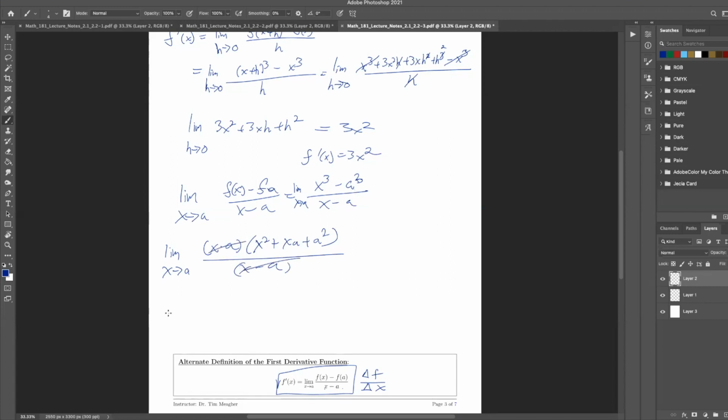If I cancel this out, I'm just left with the limit as x approaches a of x squared plus xa plus a squared. Here I can just plug it straight in. Hold on, there's one small little problem with this.